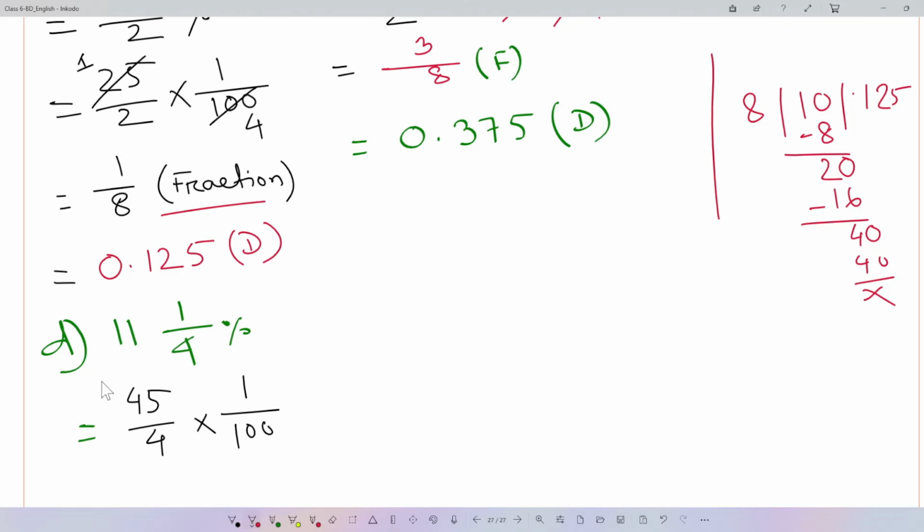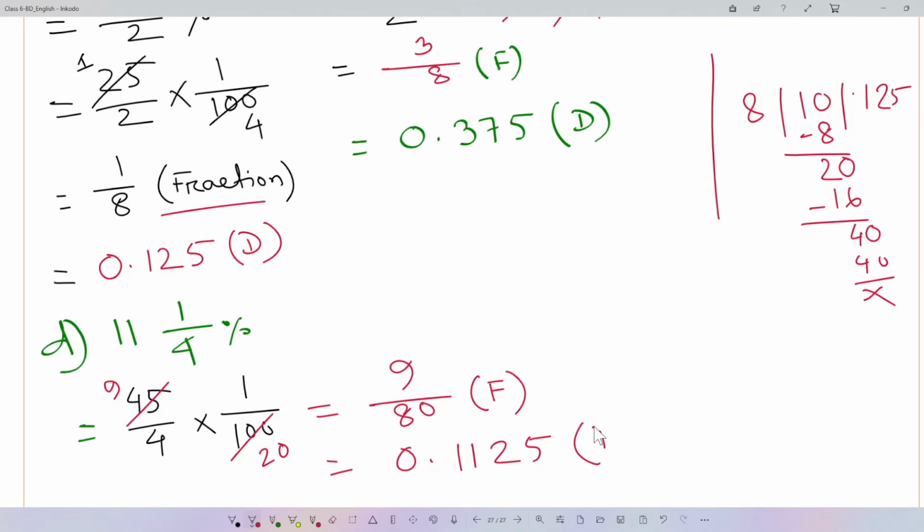Now look, we can divide 45 and 100 by 5. 100 divided by 5 is 20 and 45 divided by 5 is 9, right? So this becomes 9 by 4 times 20 is 80, and this is our fraction. And once we divide 9 by 80, we can use a calculator. 9 divided by 80, we will get 0.1125, and this is our decimal part.